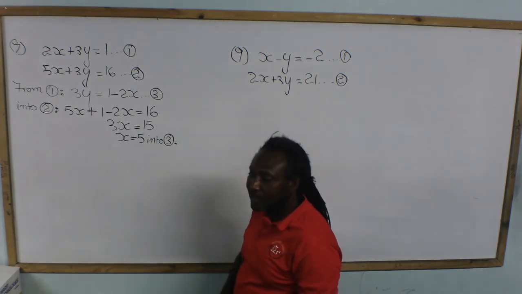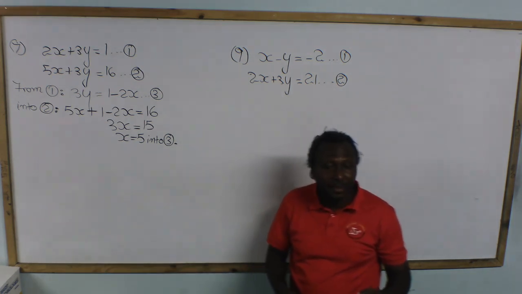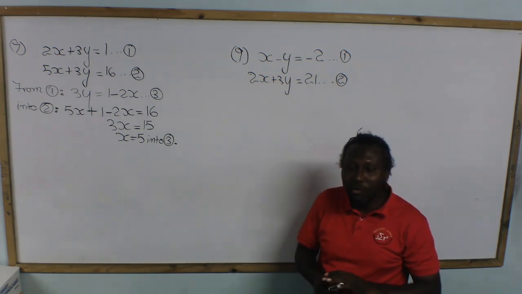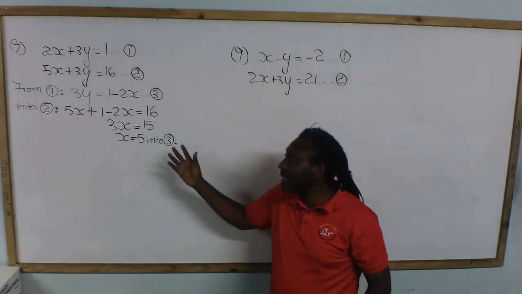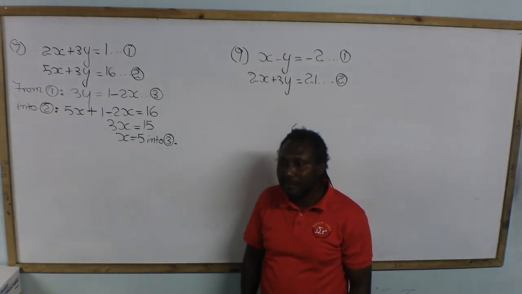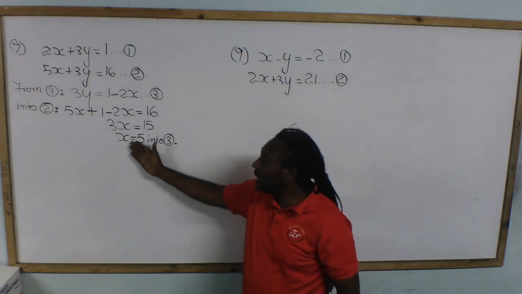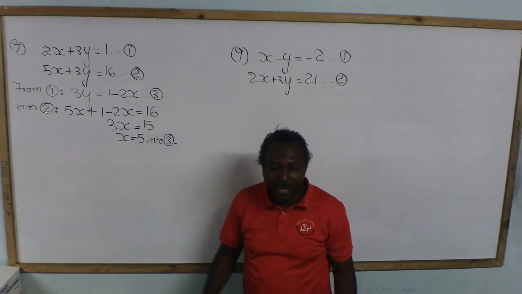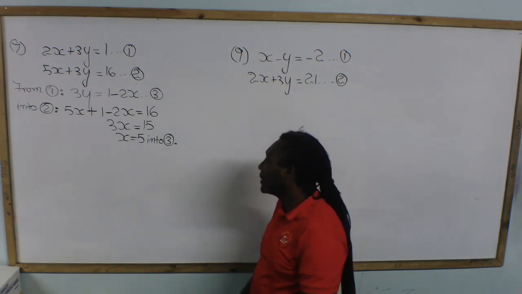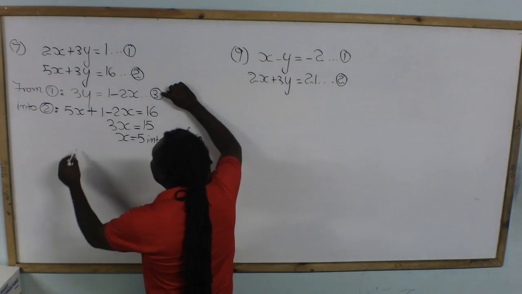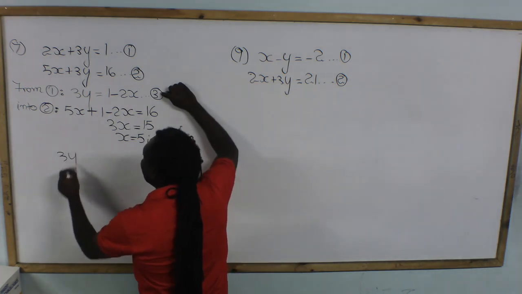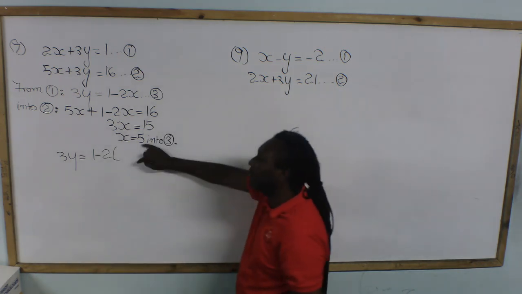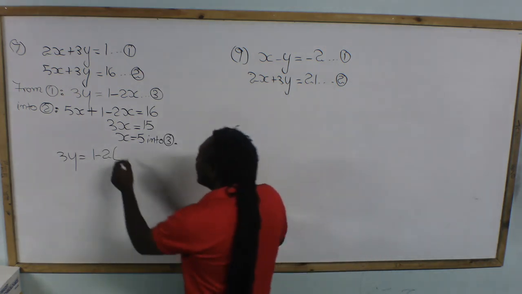When you're solving any problem at all, it is good if you make your steps so clear and logical that you can follow them quite quickly, quite easily, quite efficiently. So as soon as we have x is equal to 5, you know that y is equal to negative 3. So we put that into equation 3. We say what? 3y is equal to 1 minus 2 times x that we have found to be?